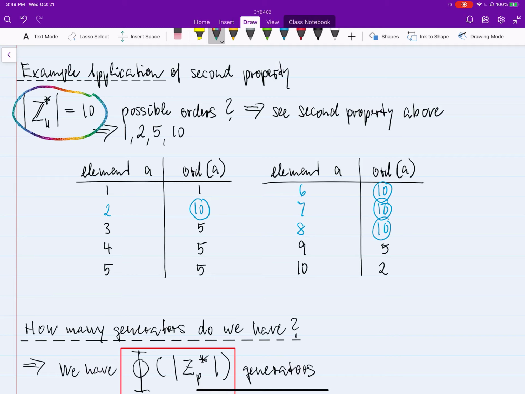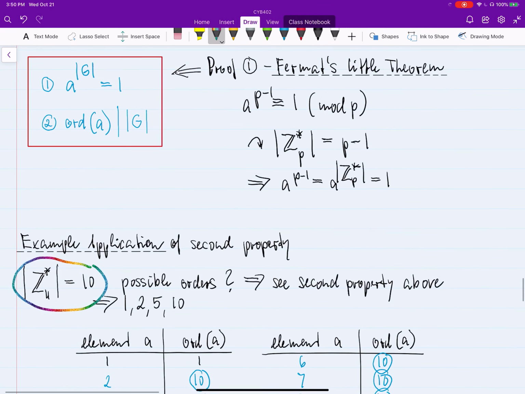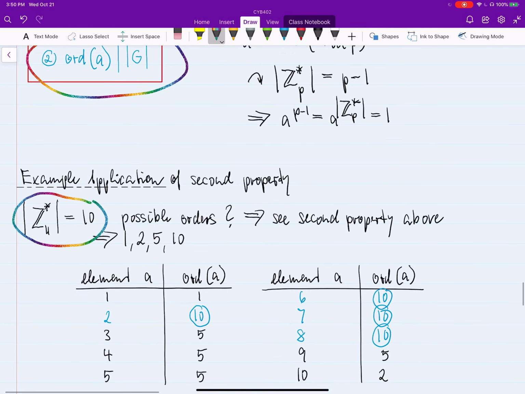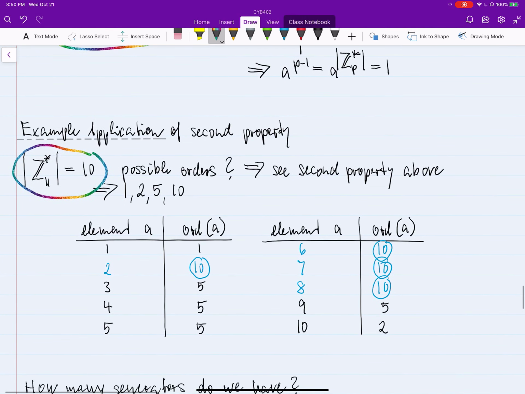So what are the possible orders for elements? The second property tells us that the order of an element divides the order of G. So when we prime factor 10, in this case here, what we get is 2 and 5 in addition to 10, and of course we have 1.